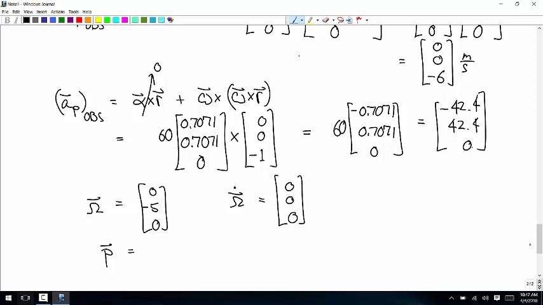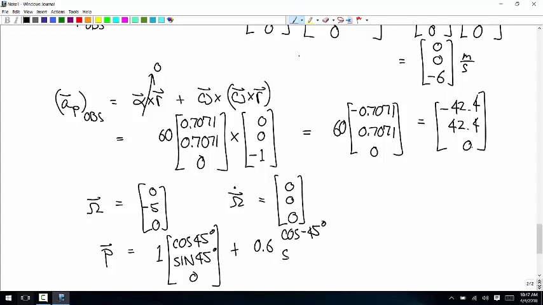Okay, so this is going to be 1 times cosine and sine of 45 degrees plus 0.6 times cosine and sine of negative 45 degrees.